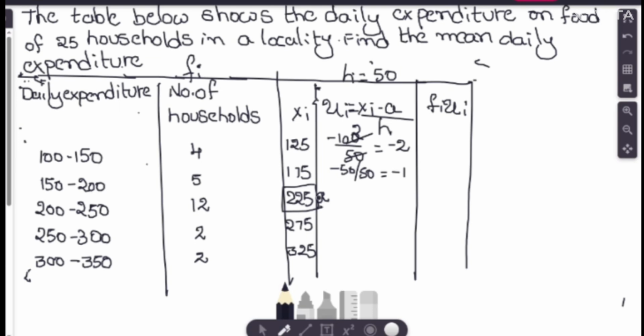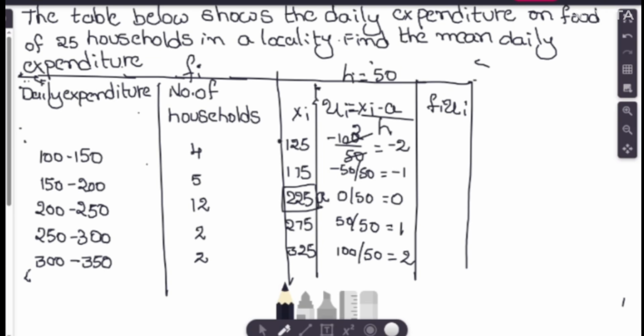Same 225 minus 225, 0 by 50, how much? 0. 275 minus 225, already we got it, this is plus 50 by 50, which is equal to 1. 325 minus 225, 100, plus 100 by 50, 2. For the same data we are doing the step deviation method for finding the mean of the data.